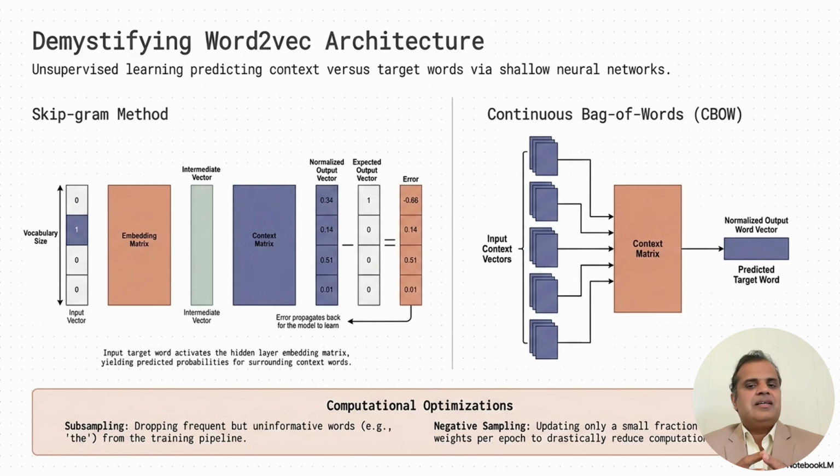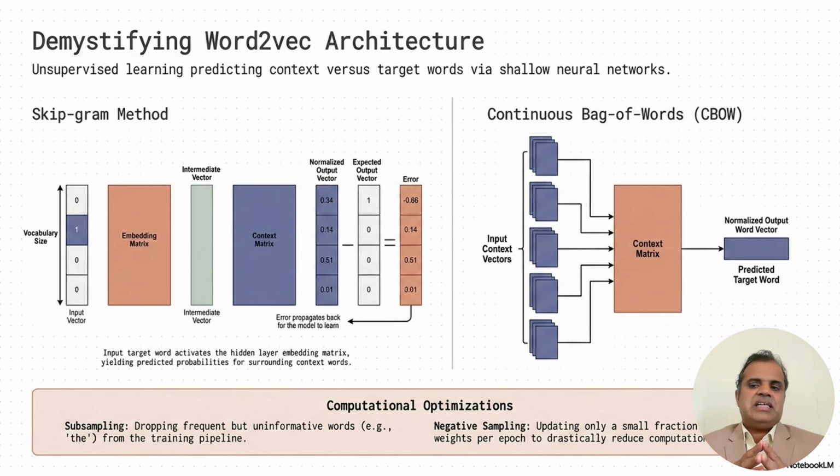Word2Vec achieves these results using a simple neural network architecture with two primary methods. One is called skipgram, and the other is continuous bag of words, CBOW. In skipgram, we provide a target word and ask the model to predict the surrounding context words. In continuous bag of words, CBOW, we do the opposite. We provide the context and predict the missing target word.